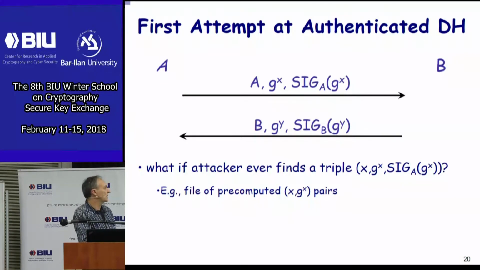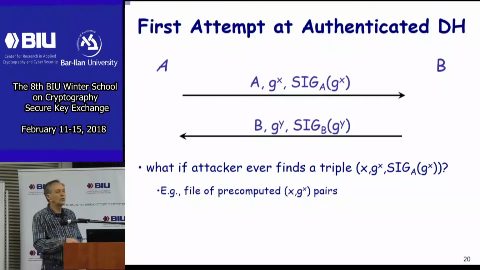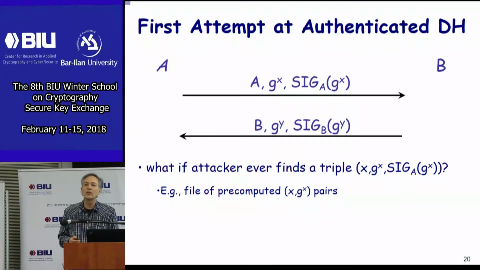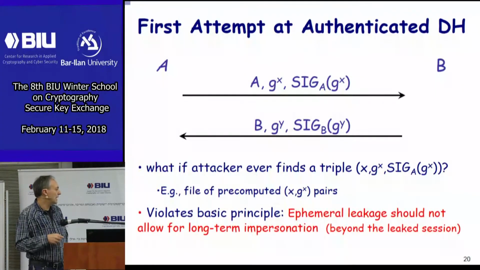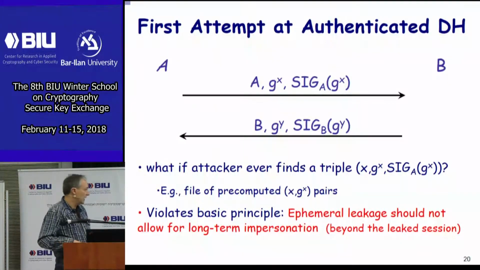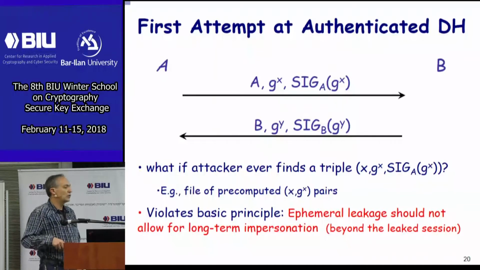It cannot produce the signature of G to the X, but it replays it. It knows X, so regardless of what Bob will answer here with Y, it will be able to compute G to the XY. Okay?